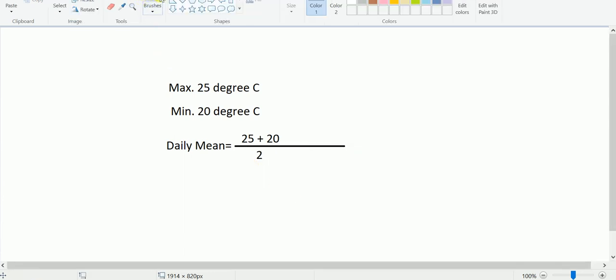Then after this, can you tell me the result here?